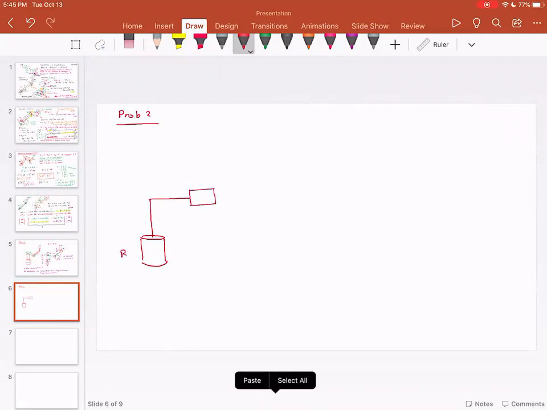Then you have a revolute joint which is at an angle, and then you have another revolute joint which is at an angle.